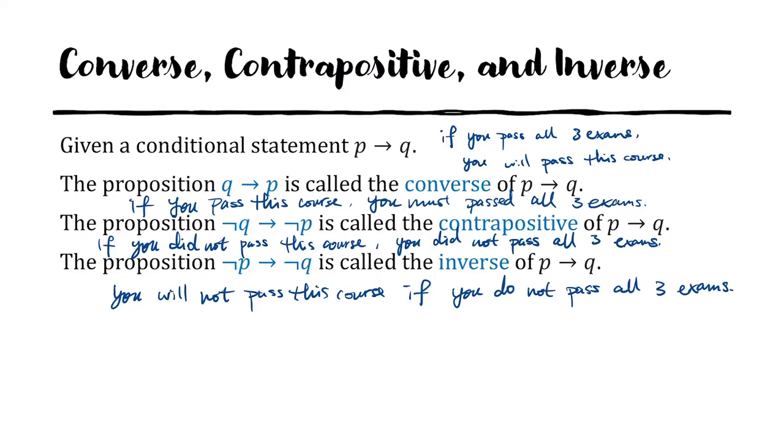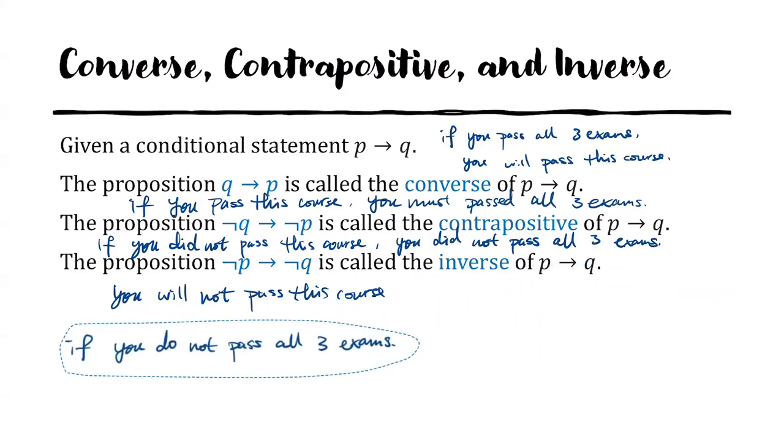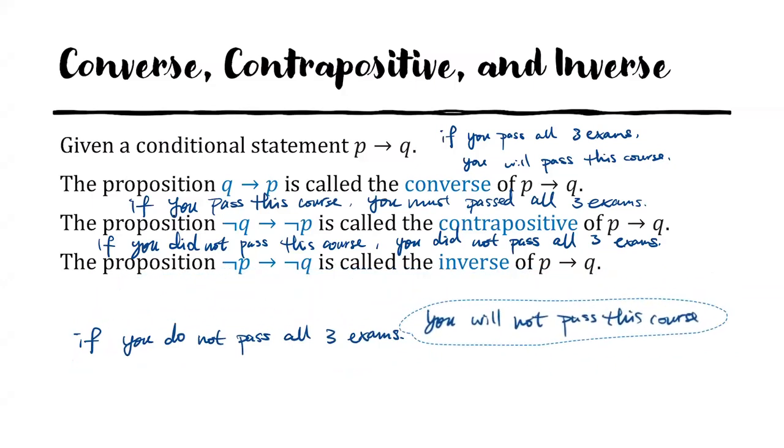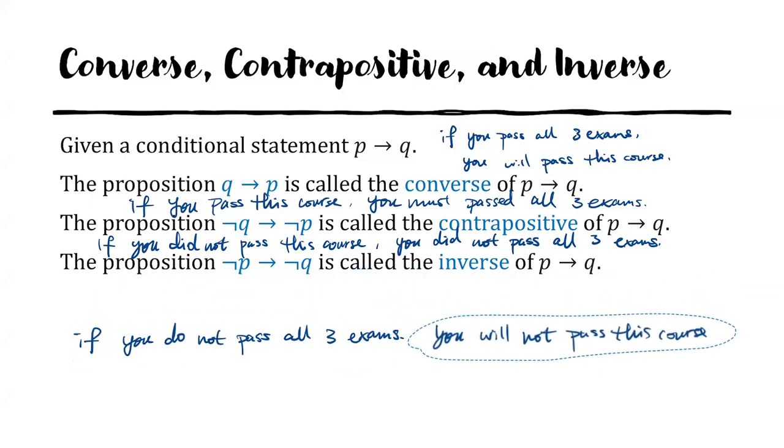So the inverse statement is saying that, okay, let me make this order. Let me have the if part first. If you do not pass all 3 exams, you will not pass this course.